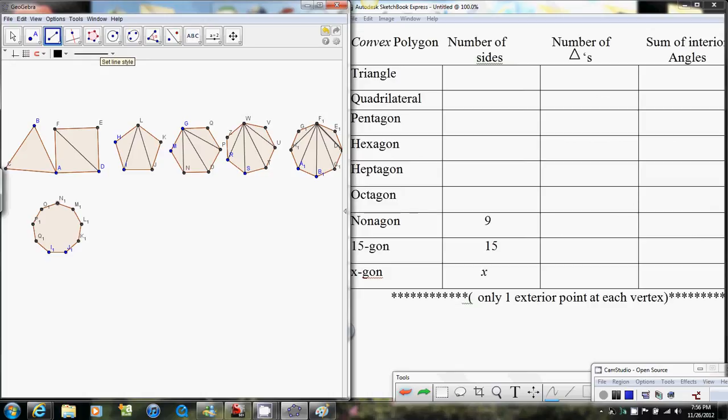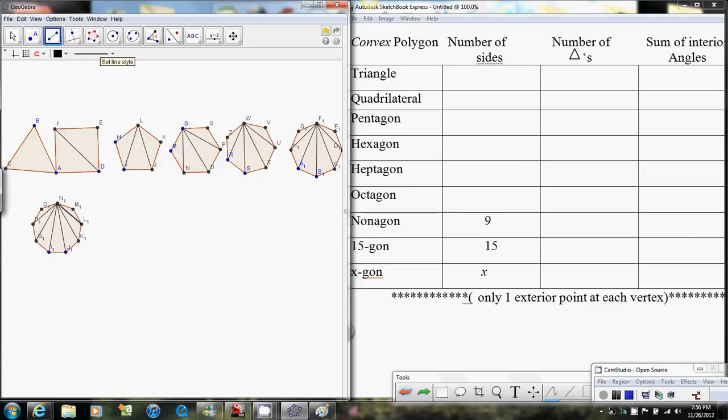I'll pick my vertex to be N, so I draw a diagonal from N to P, N to Q, N to I, N to J, N to K, and N to L. And I've created 1, 2, 3, 4, 5, 6, 7 triangles.